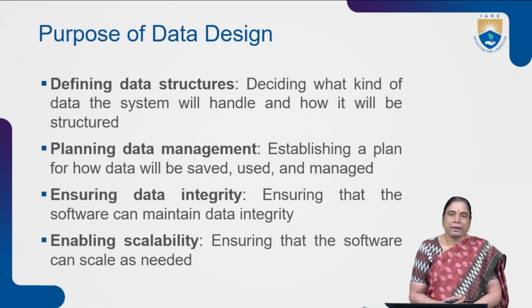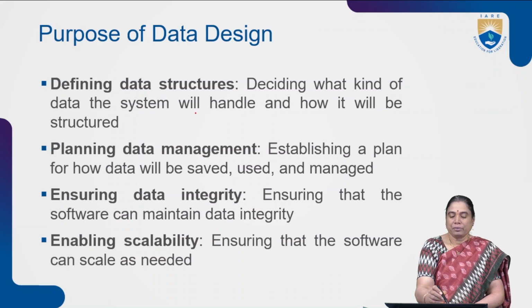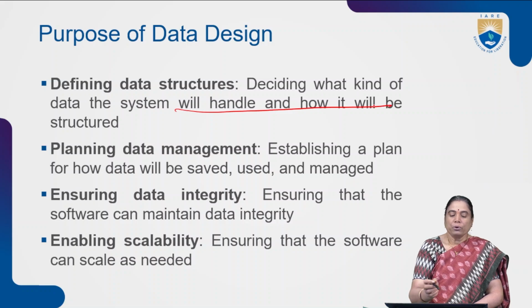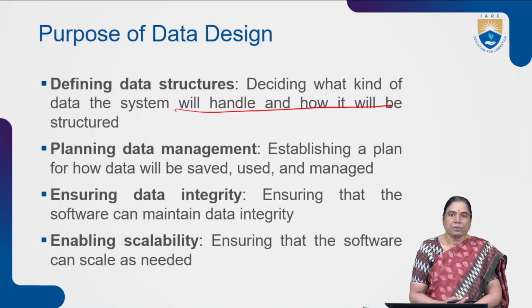The purpose of data design is defining the data structures, deciding what kind of data the system will handle and how it will be structured. A variety of data structures are available, and data design decides how to supply data to the program with the help of these structures.